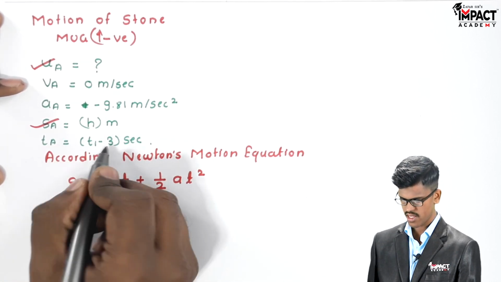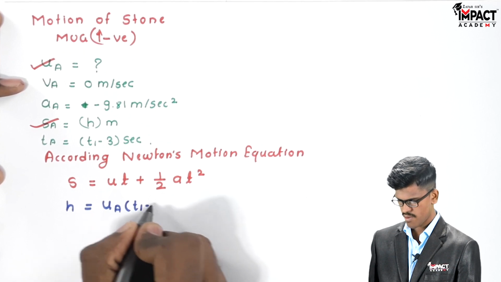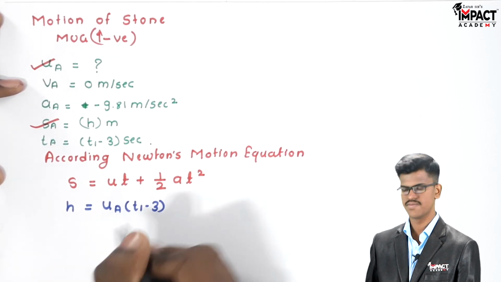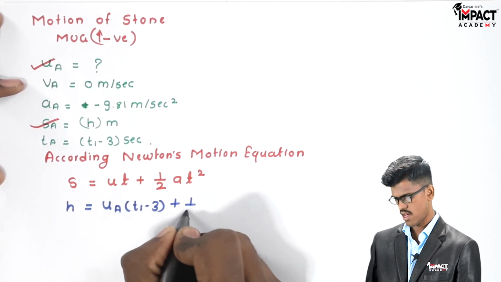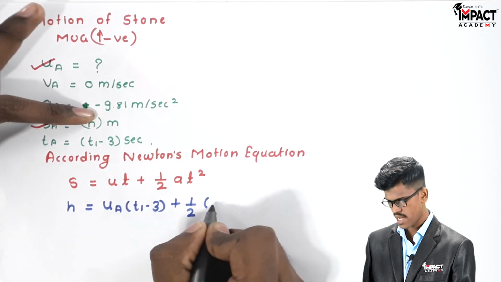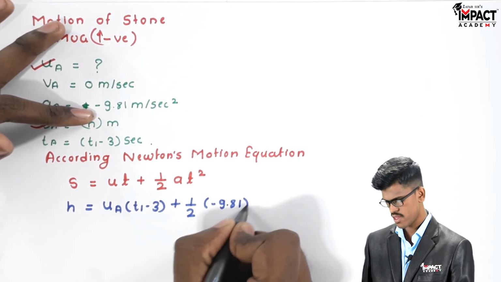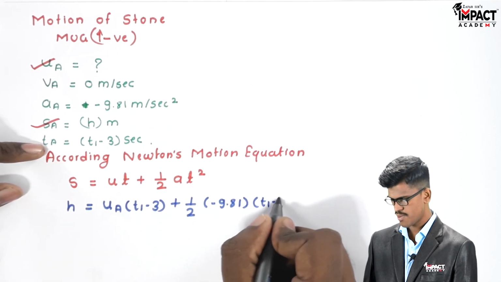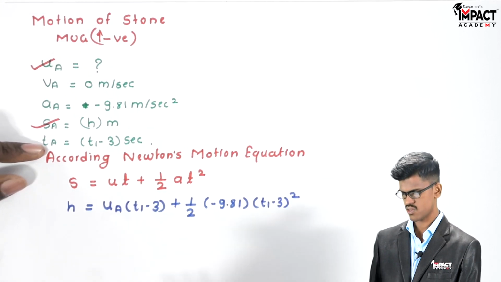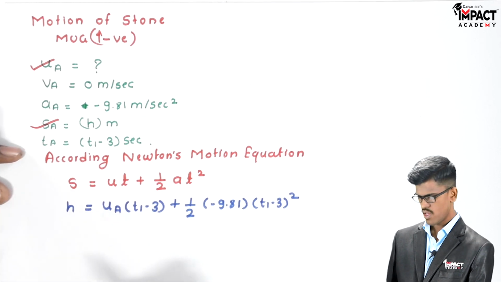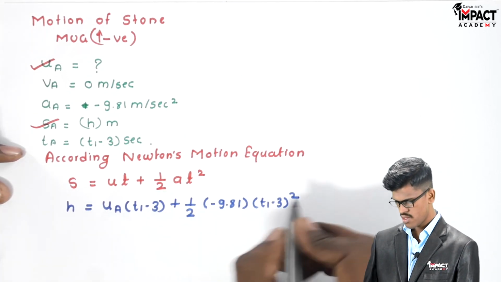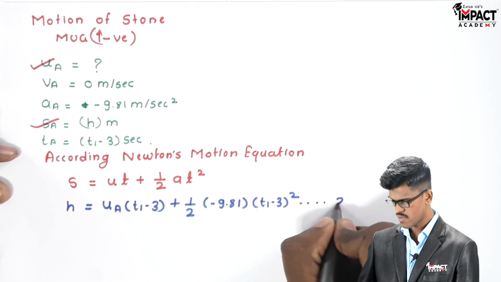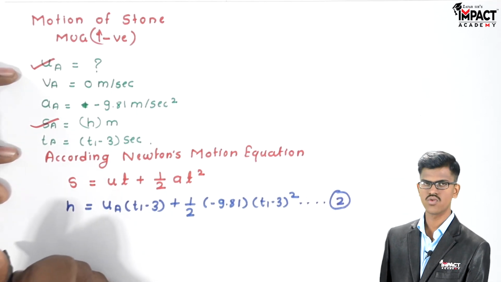The time required is t1 minus 3 seconds, plus half into acceleration, which is minus 9.81, and t is t1 minus 3 square. So here we get the second equation, number 2.